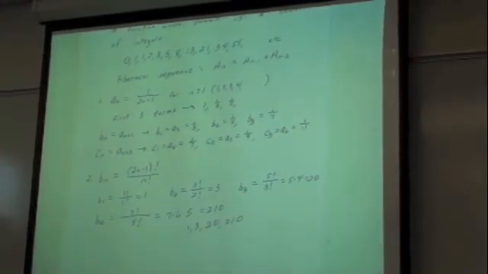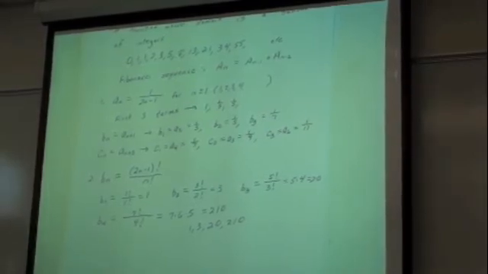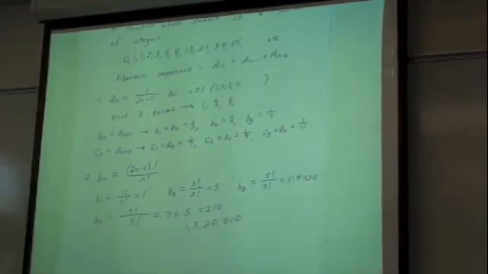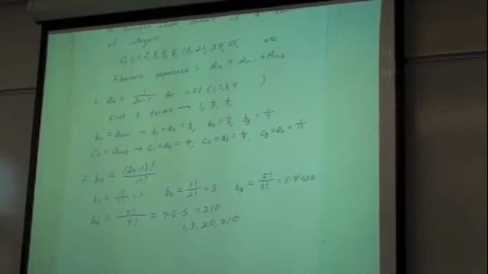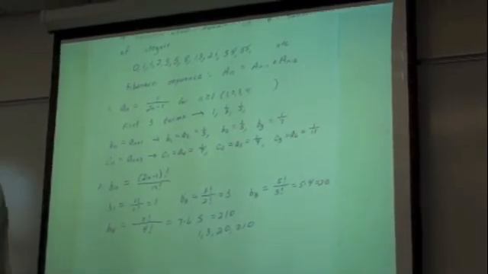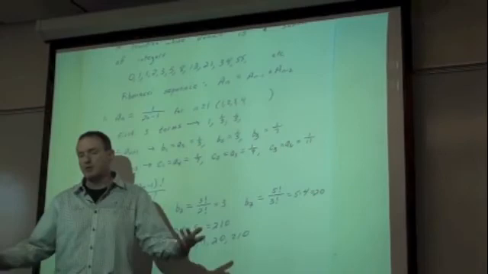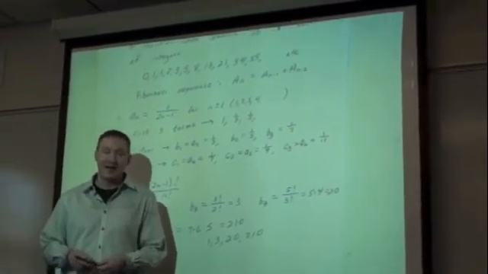Now, while it would be hard to keep on going, if I just said, could you predict what the 50th term is? No, not without plugging it into the formula. But even though you don't know exactly what it is, can you see, using common sense, whether this sequence is going to converge or diverge?